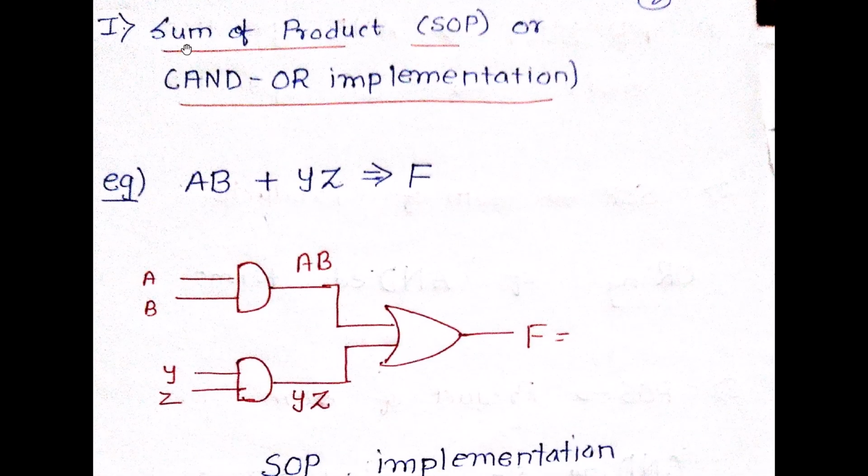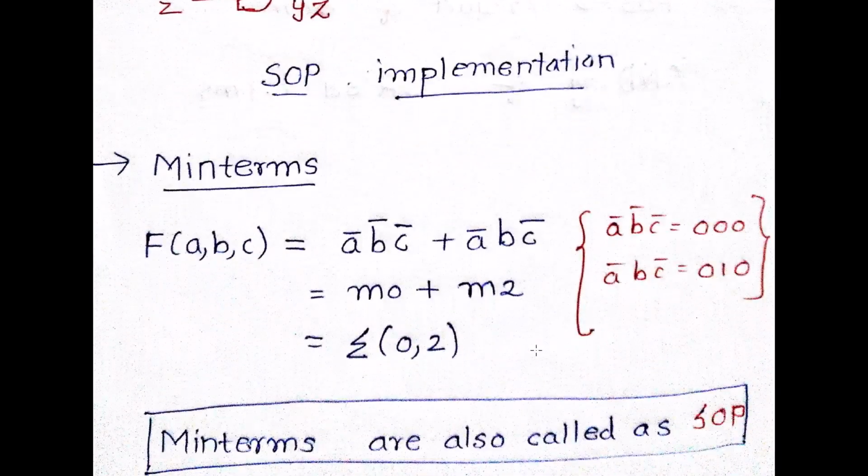So what does SOP indicate? SOP is sum of product. Logically you can understand that it is going to be a summation of all product terms. AB is a product term, YZ is a product term, and it is a sum of those terms. So AB plus YZ is equal to F. AB is a product, YZ is a product, and AB plus YZ is the function. That is the SOP implementation.